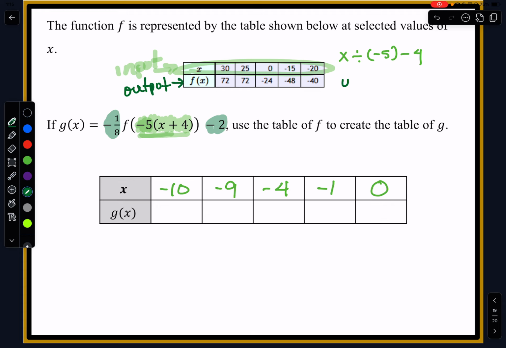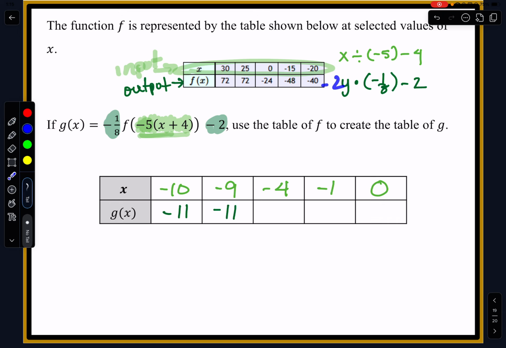What we're doing again, we're getting the y values, the output values, multiplying those by negative 1 over 8, and then subtracting 2. So 72 times negative is negative, and 72 times 1 over 8, that's 9. And 9 minus 2 is 11. Negative 9 minus 2 is negative 11. So negative 11 again, because the second number is the same.